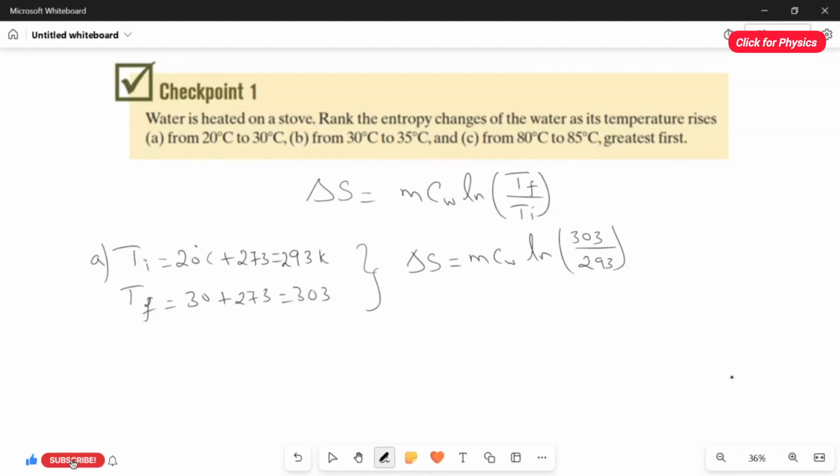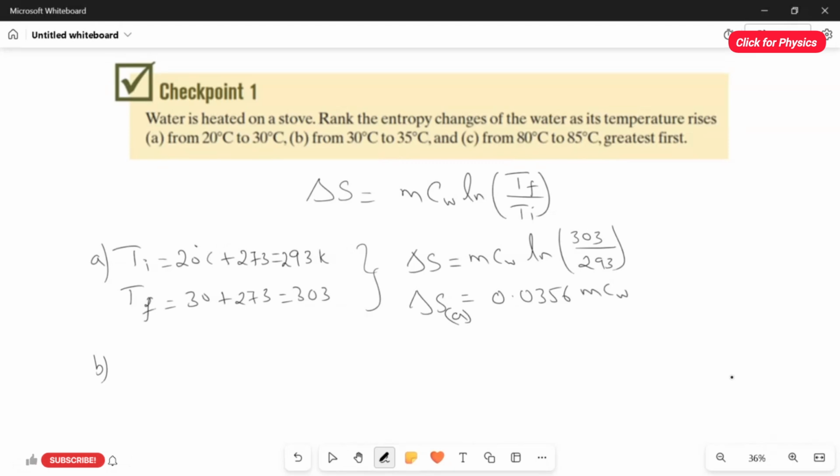When I calculated the natural log of 303 over 293, I got the answer here as 0.0356 m C_W. So this is the answer for the first set. So let's take it as delta S of A. We have to do the same type of calculation for the remaining two.